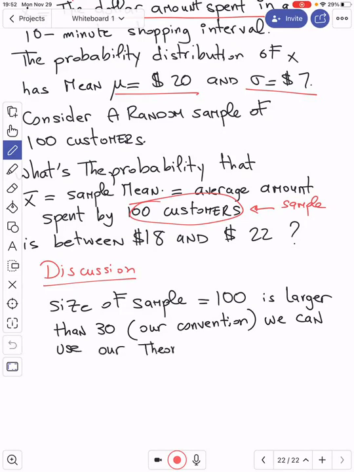So what does the theorem say? Well, it says that this sample mean, the average amount spent by the 100 customers, actually follows a normal distribution.